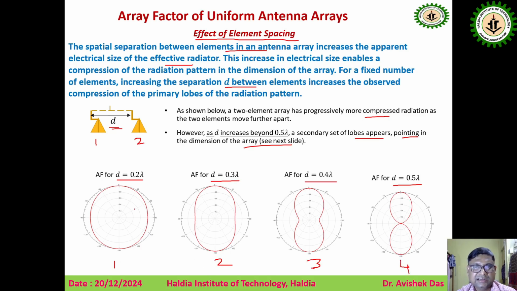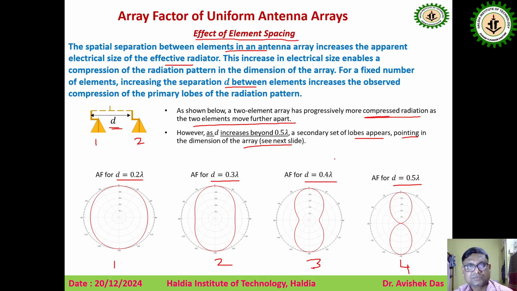If we increase the distance between the two elements, we find that the radiation pattern becomes more compressed, as written here: progressively more compressed radiation as the two elements move further apart.